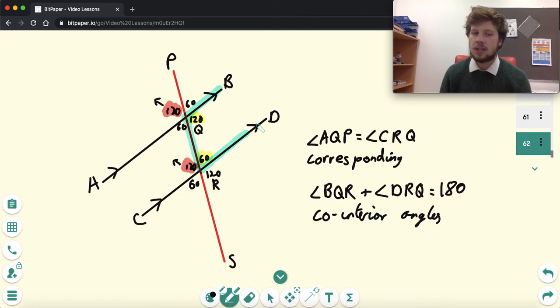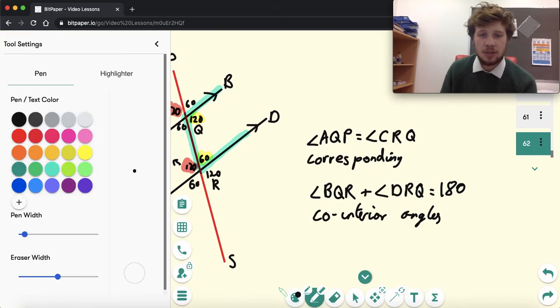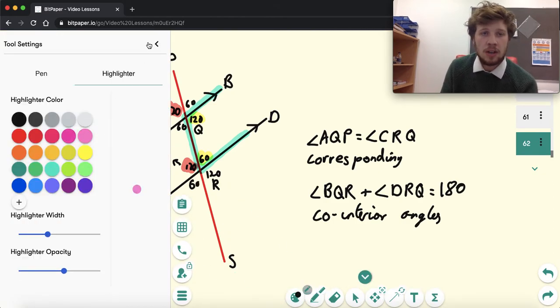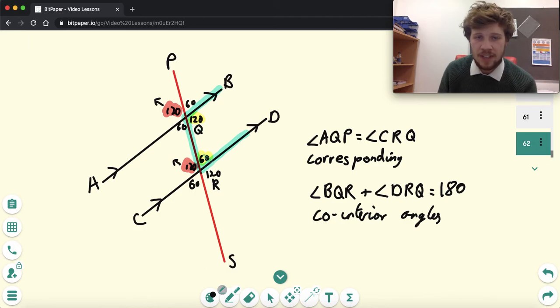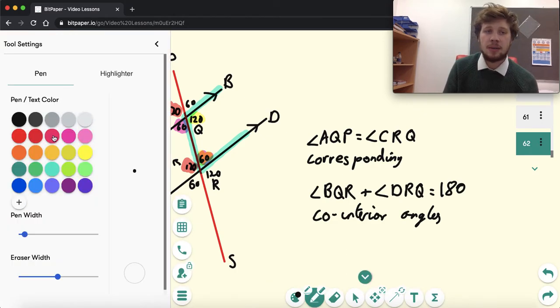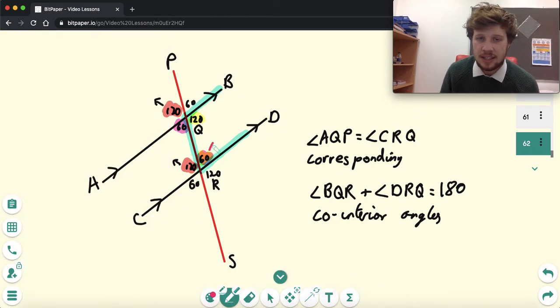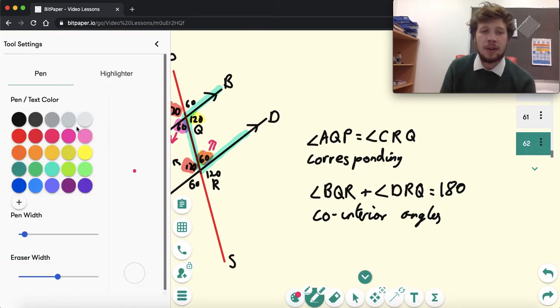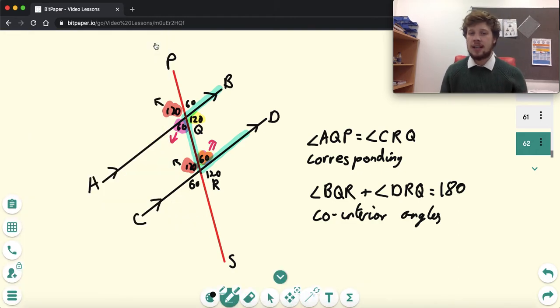And there's one more rule I'd like to bring to your attention, and I'm just going to highlight over again, using a different colour. I'm going to use pink this time, and I'm going to look at this 60 here, but I'm also going to look at this 60 here. Now, to think about this, I'm going to draw in their directions again. So this 60 is pointing outwards, this 60 is pointing in the alternate direction. First I'm going to label my angle.